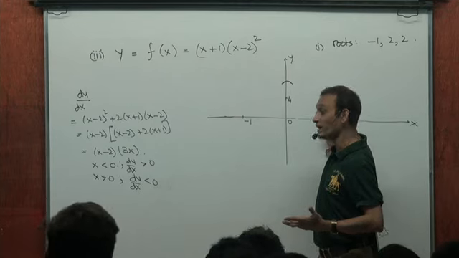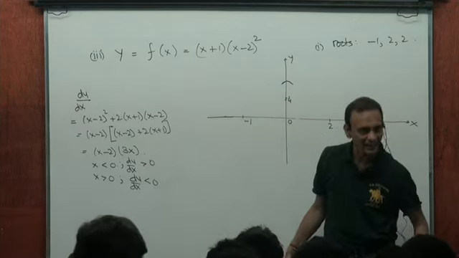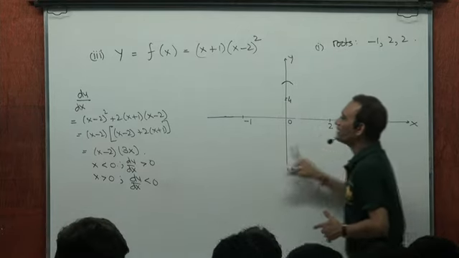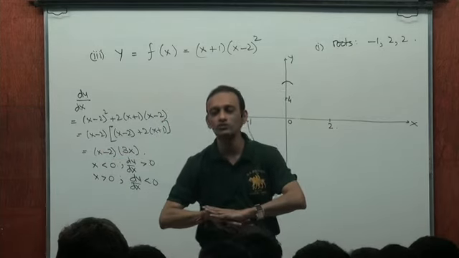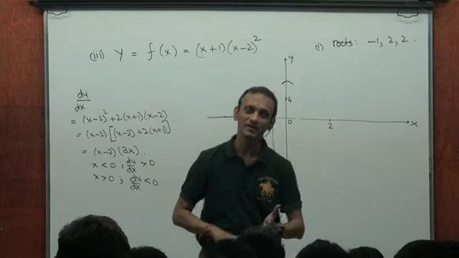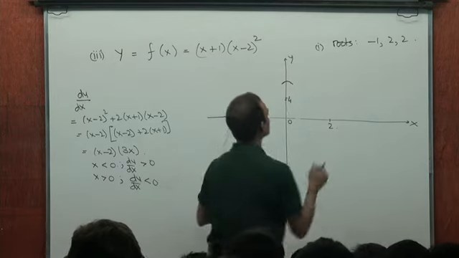That means, to the right of the y-axis, no part of the graph will be below the x-axis, because y is never getting negative. And x equal to 2 is another stationary point. If x equal to 0 is a local maxima, x equal to 2 must be a local minima, without the graph falling below the x-axis.